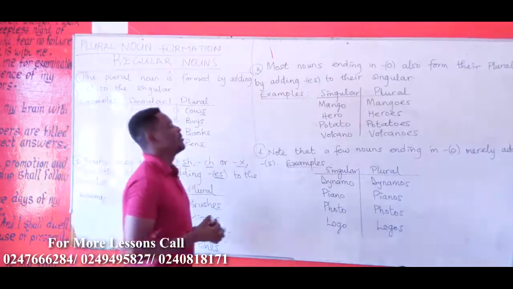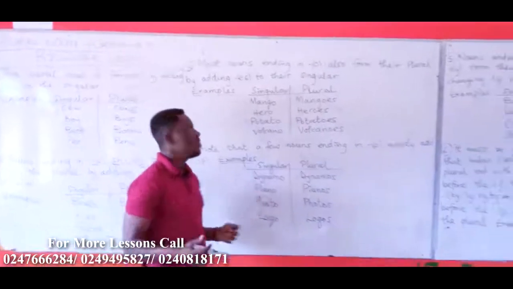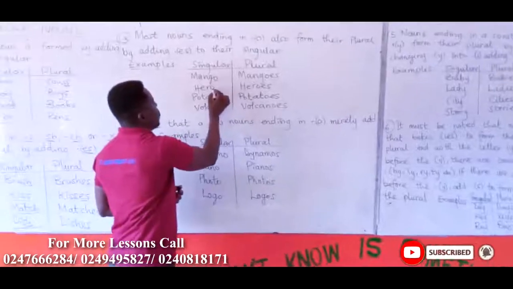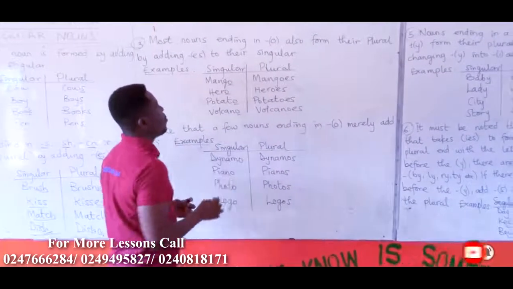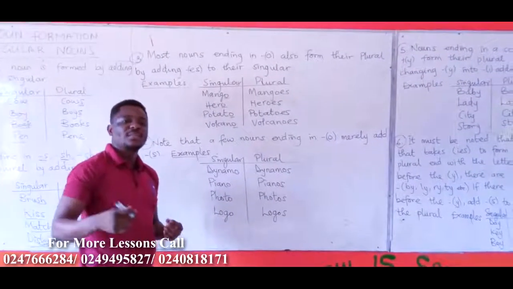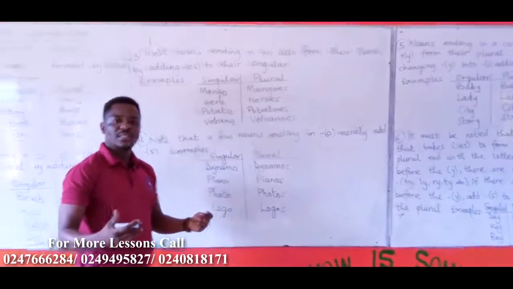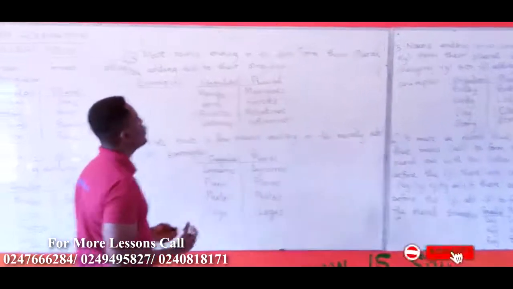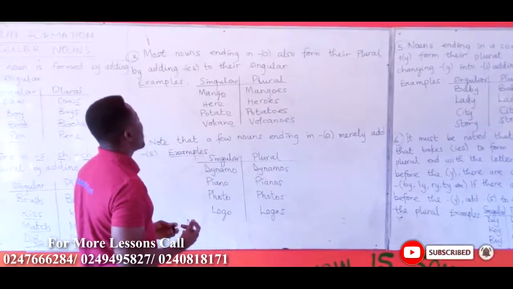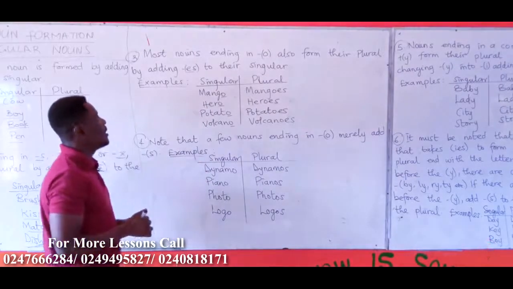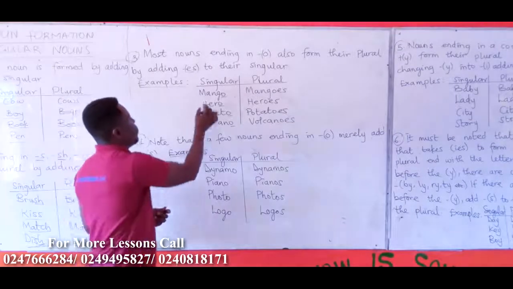Let's proceed. We have another category of nouns that end in O. Such nouns, you can't also just add S to form their plural form. According to the rules here, you have to add ES also. So look at the words that we have on the board. Examples: mango.